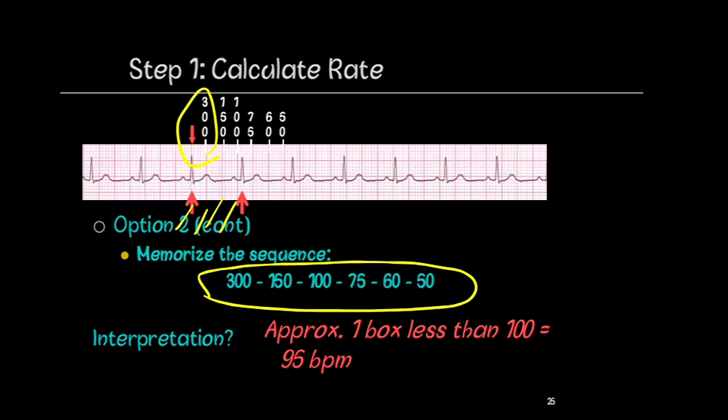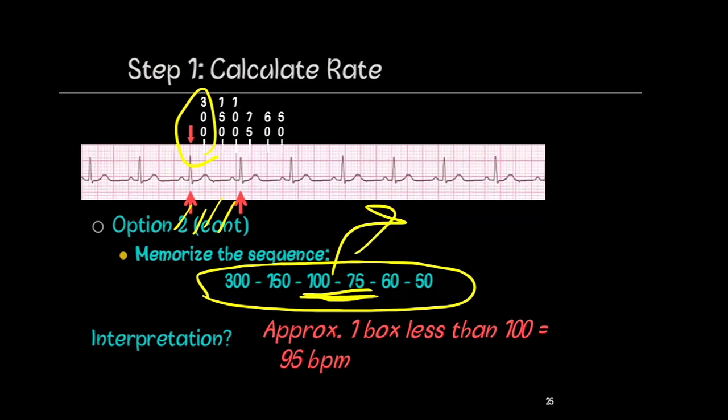And so here, after 100, we got the R wave. This next R wave is not falling on the heavy bold lines that we have assigned a number, which means that we had to follow this method: take the difference between 100 and 75, which made 25, and then divide this 25 by the number of small boxes between 100 and 75, which were 5.